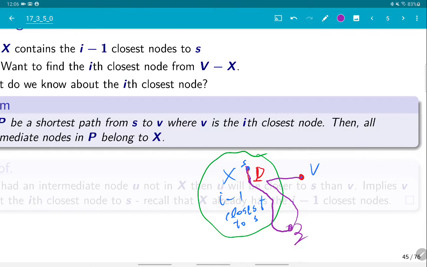But if this is true, notice that the distance from S to Z is smaller than the distance from S to V, which means that Z is closer than V to S, because P is the shortest path and we have the hereditary property, so this is indeed the shortest path to Z. But that's a contradiction. That means that Z would be the ith closest vertex to S and not V as we assumed. So that's the proof of this claim.